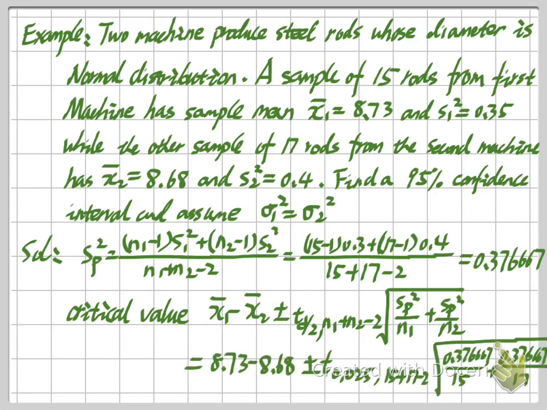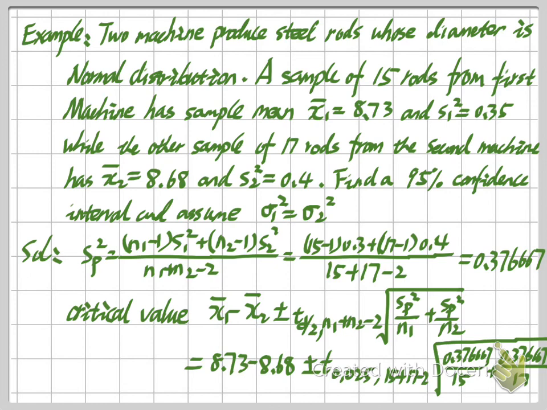So now we can plug all of the information we have into the formula of our critical value as this equation. Because x bar 1 is equal to 8.73 and x bar 2 is equal to 8.68, we can plug in all the information into this equation. It looks a little complicated.